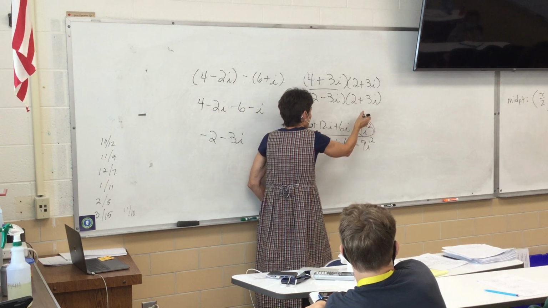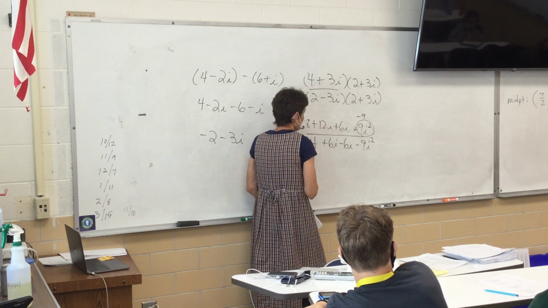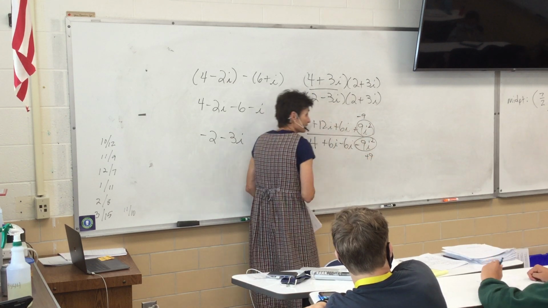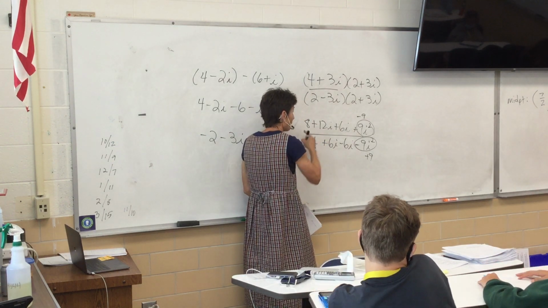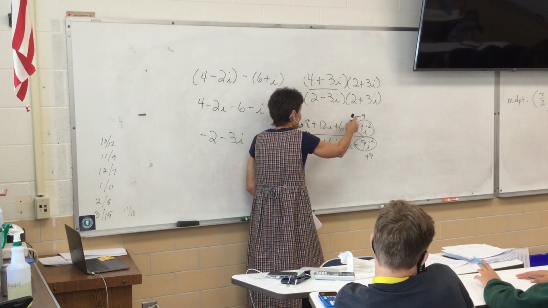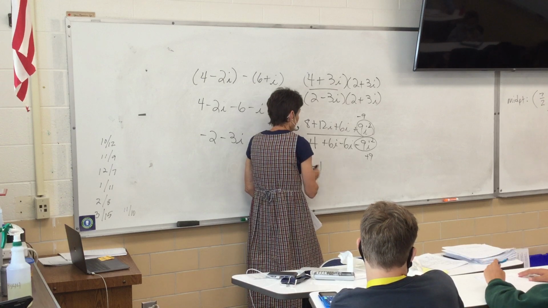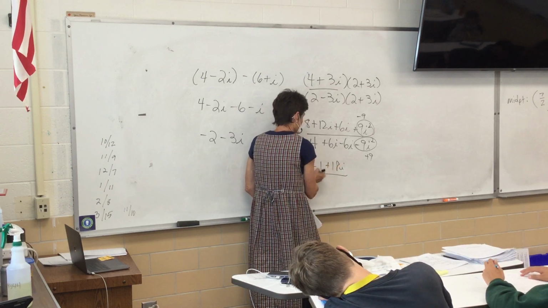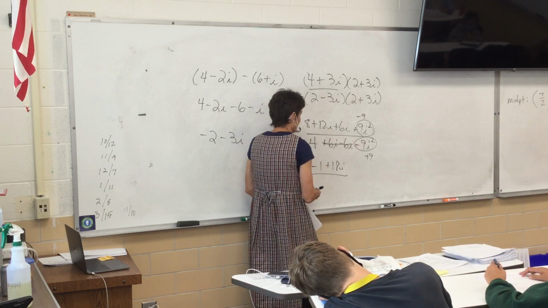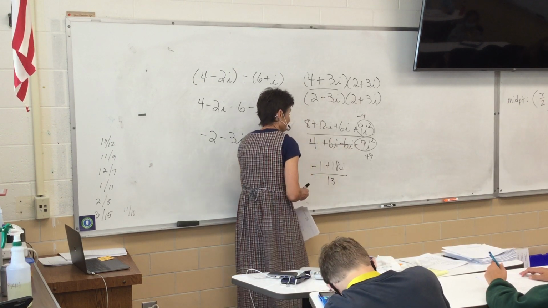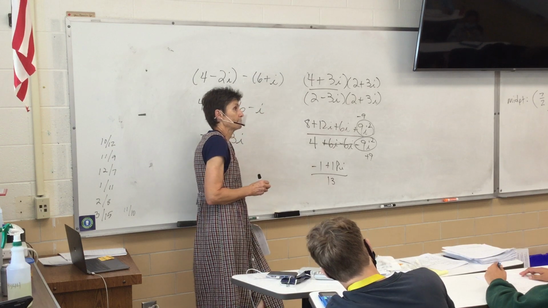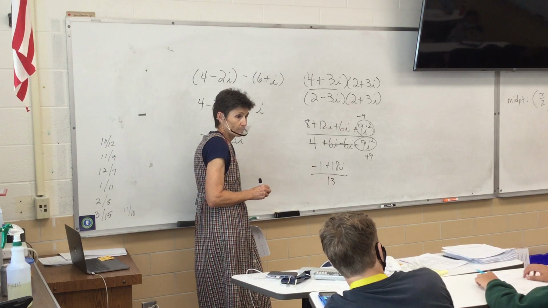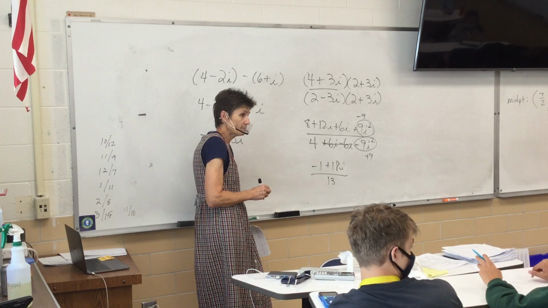So that'll be -9. And this one will be +9. Please don't cancel them, we're gonna combine them. So 8 minus 9 is -1, plus 18i, and 13 on the bottom. Who has a question about that, anybody?